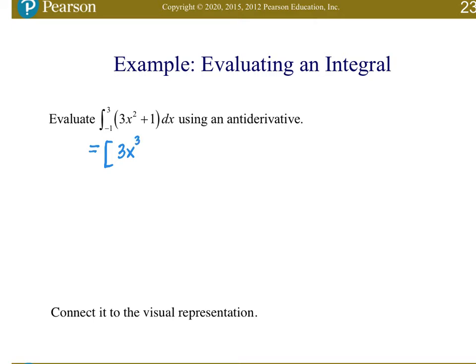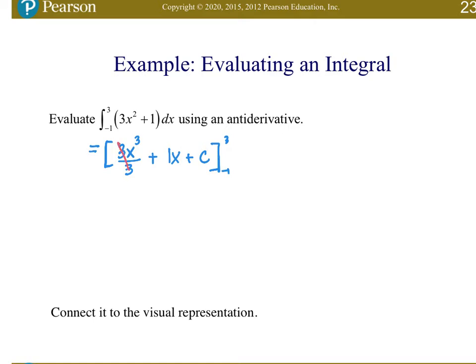Remember, antiderivatives go up in number, and then we divide by the new power. And then plus, and the antiderivative of 1 is 1x plus c. And then we finish our antiderivative with a little bracket. And then we're going to put our bounds, -1 and 3.